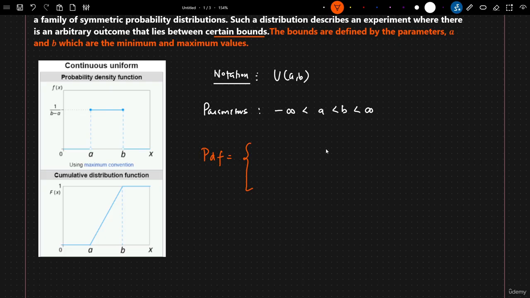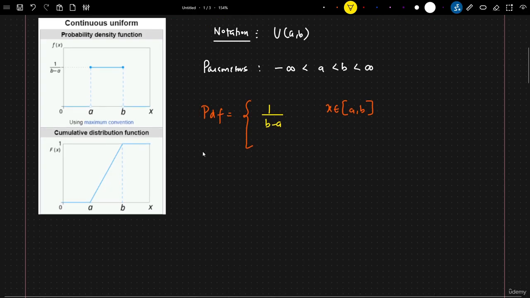One scenario is that my X value, which is my random variable, is between A and B. Then my PDF is 1 divided by B minus A. I will explain this by showing you an example, but right now, just consider that if X belongs to A comma B, then my PDF is 1 divided by B minus A. Okay, otherwise it will be 0.